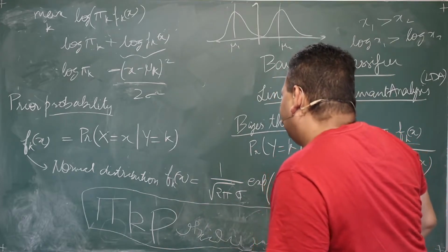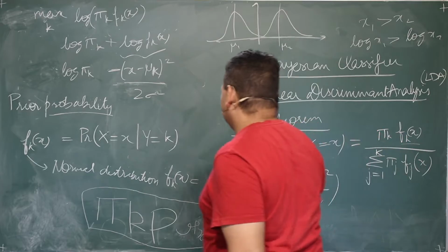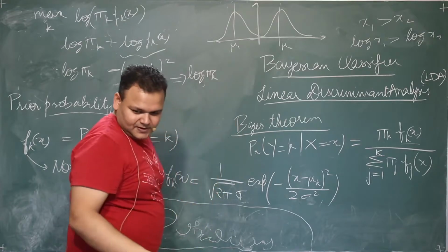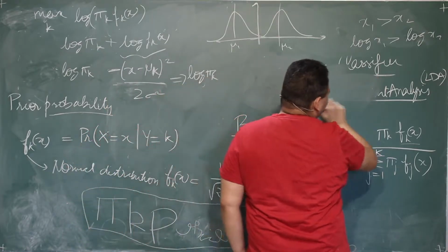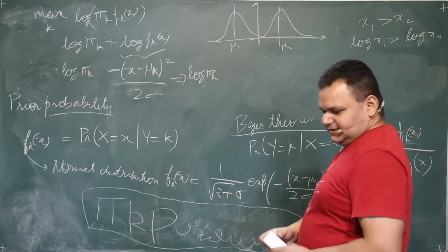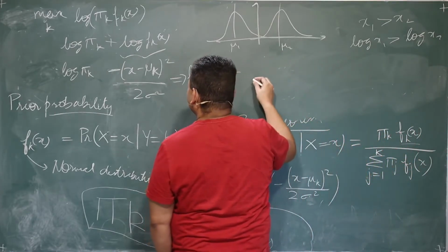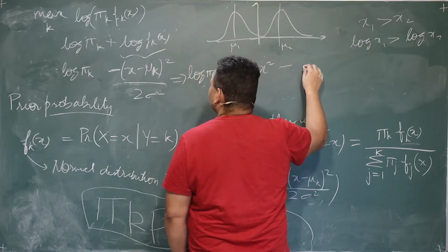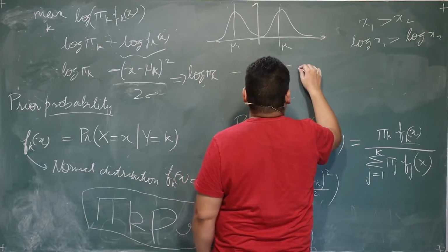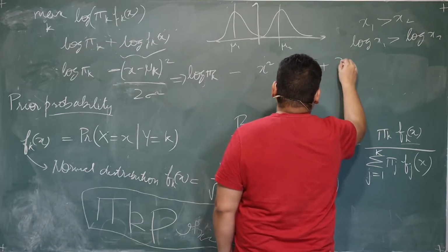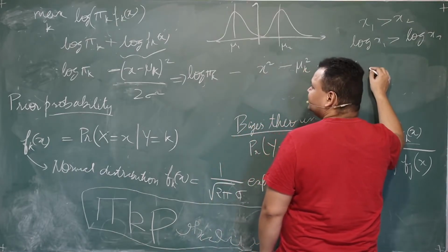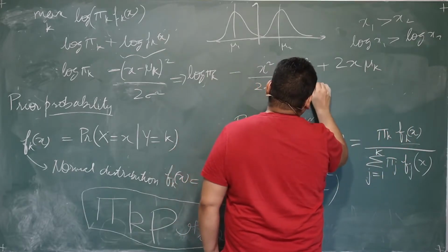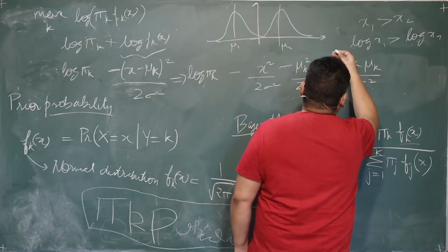So let me say something about this. This is log pi k minus x squared minus, no, minus is fine, mu k squared plus 2x mu k, over 2 sigma squared.